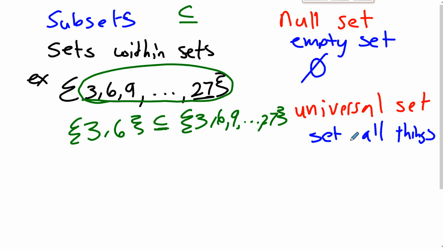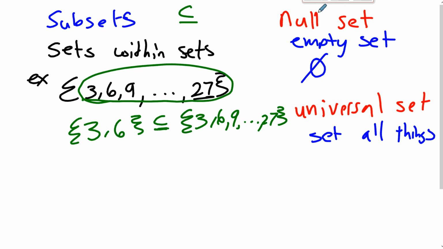So everything in consideration is the universal set. You'll see in the books when it compares your set to the universal set, it's usually comparing to all whole numbers, all real numbers, or all complex numbers.